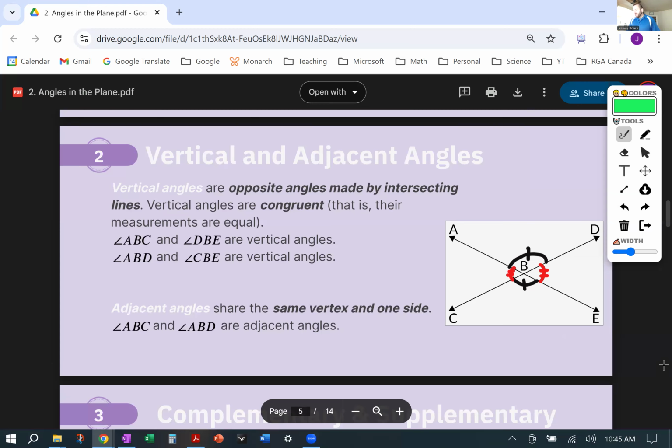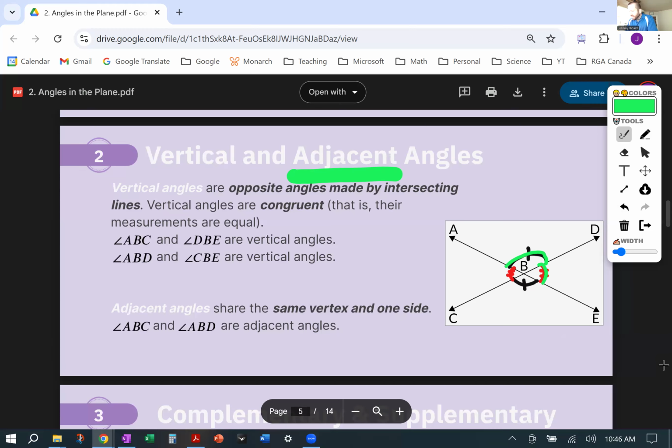Now look at the red and the black angles. These angles are next to each other, and another word for something that's next to is adjacent. So the 2 adjacent angles would be ABD and DBE. And these 2 adjacent angles form what's called a linear pair.